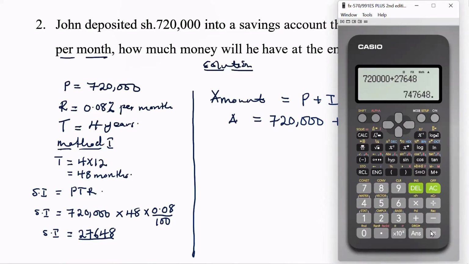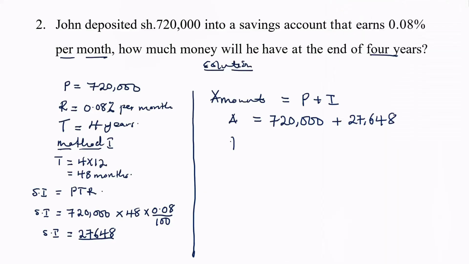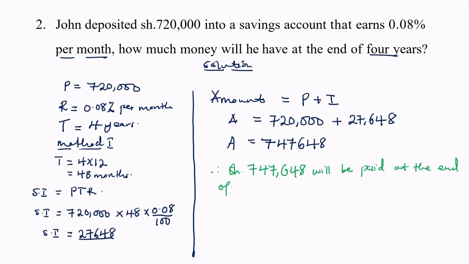This gives us the answer 747,648. That amount equals 747,648. We can now conclude that therefore shillings 747,648 will be paid at the end of 4 years. This becomes our correct answer.